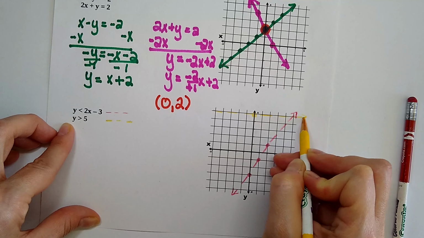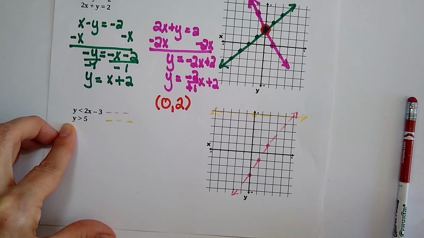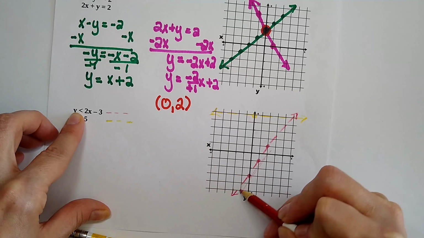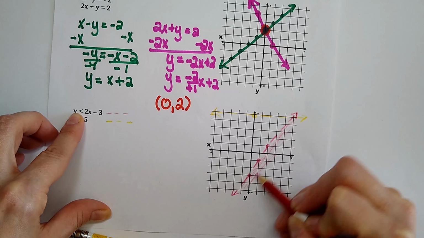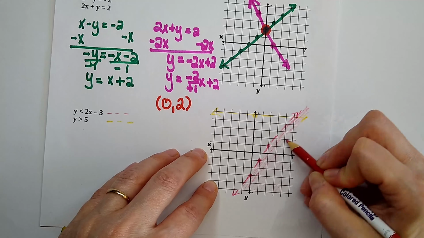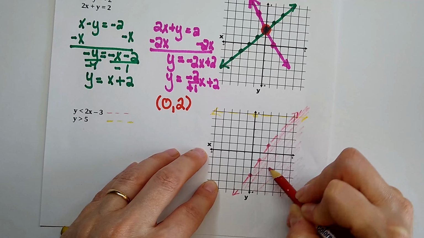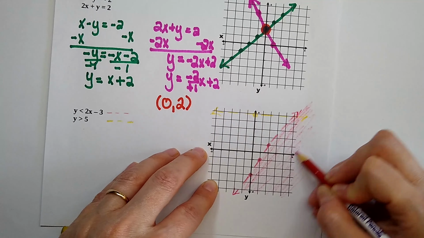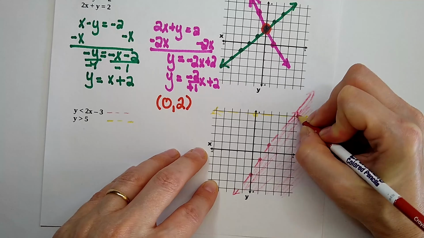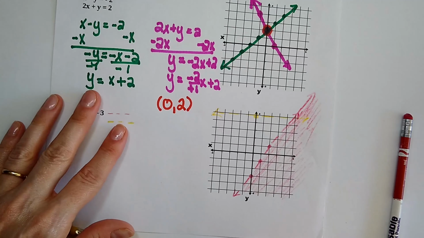And I just did what I told you not to do, which is I drew both lines and didn't shade them. This first one is in brown, and it's a less than. And so we're going to shade under that line. Okay. I'm going to extend a little bit because I didn't have a graph large enough for this one. Extend a little bit further here. Okay.